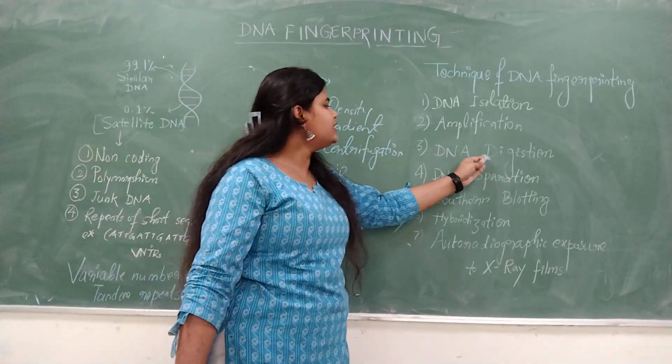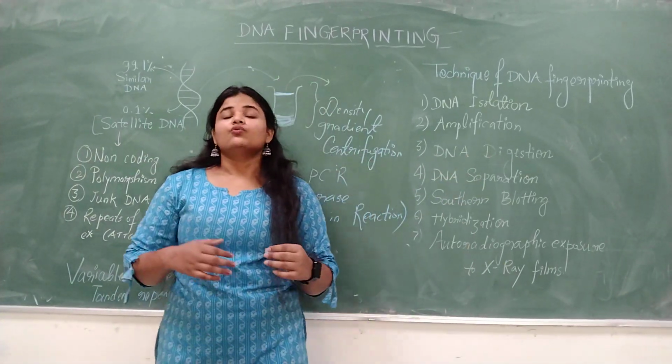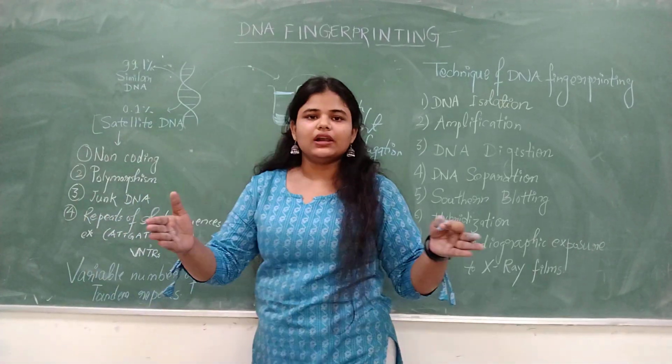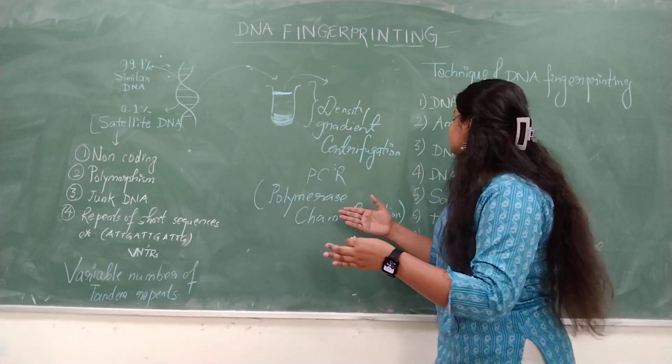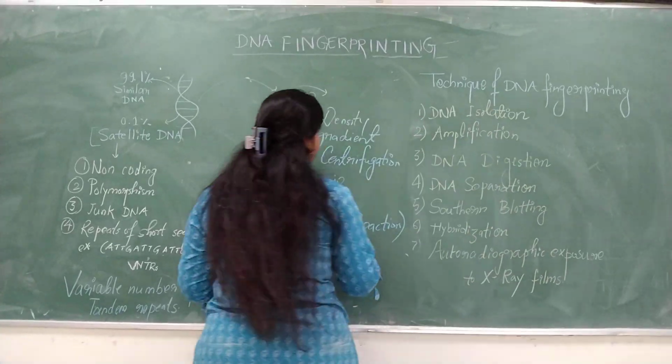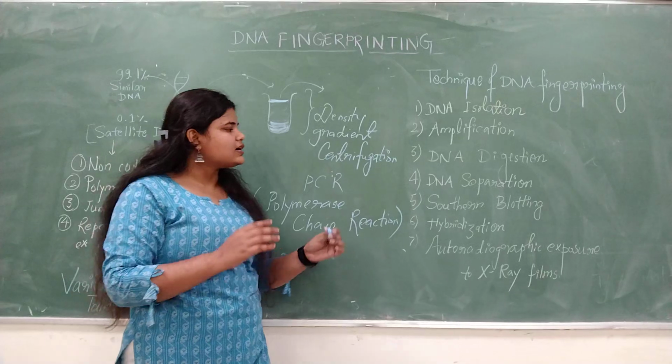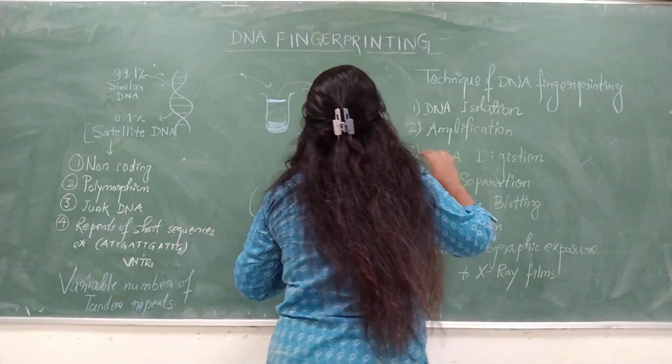The third process is DNA digestion. What is DNA digestion? As we know, we have a long length of DNA. So how will we analyze this much length? We will make small fragments of the DNA.